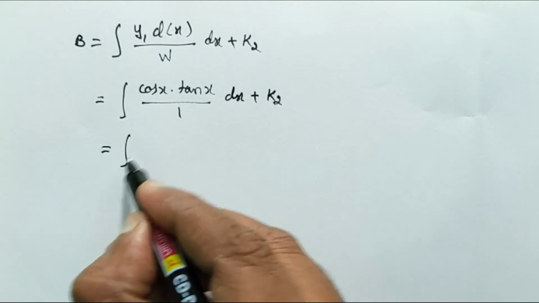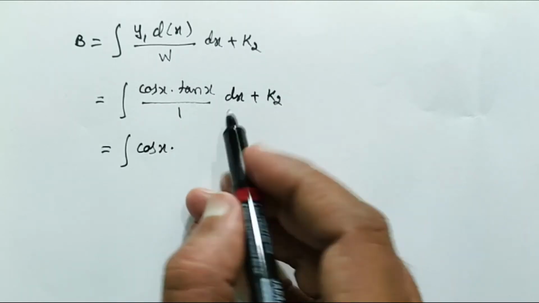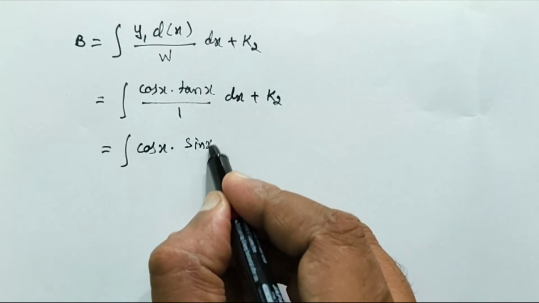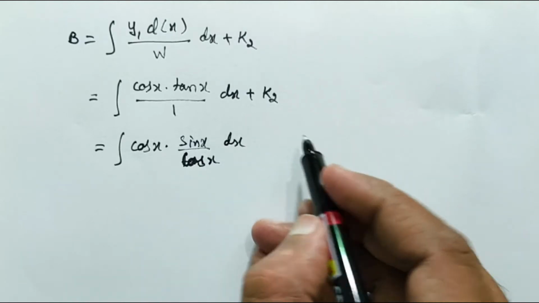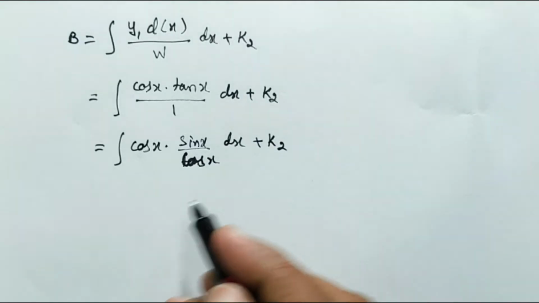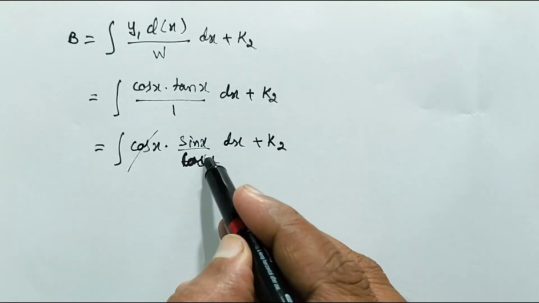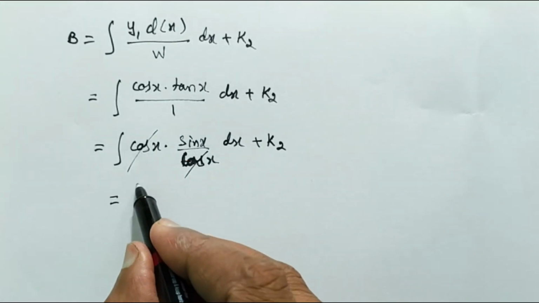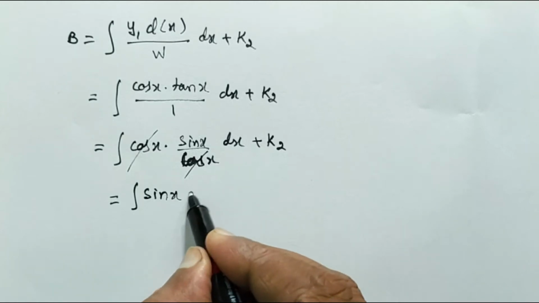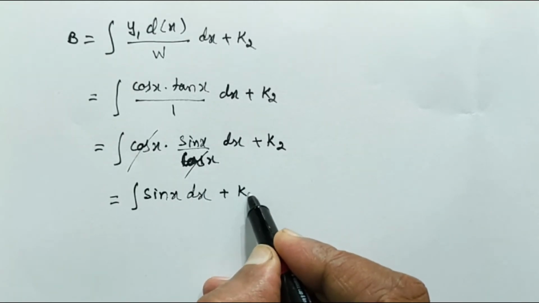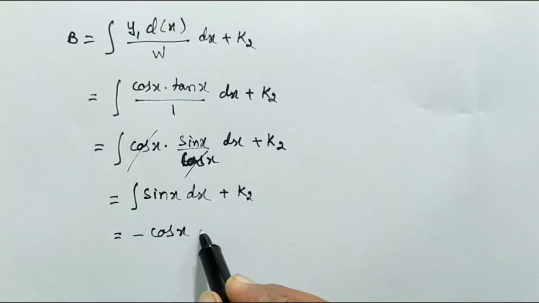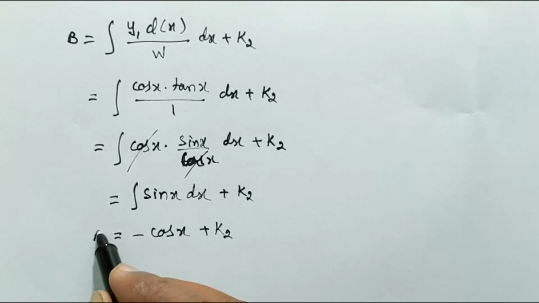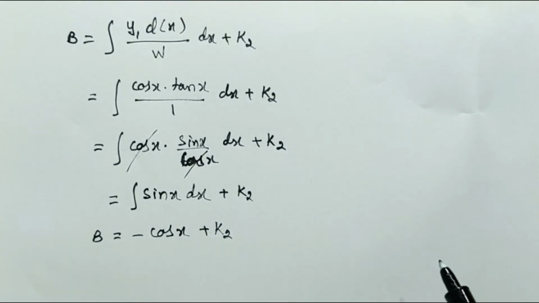So this can be further written as cos of x as it is, and tan x can be written as sine of x divided by cos of x, into dx plus the constant k2. You can see this cos of x and cos of x will cancel out. You will be left with integral of sine of x into dx plus k2. And integral of sine of x is minus cos of x plus the constant k2. So you got the value of b to be minus cos of x plus k2.